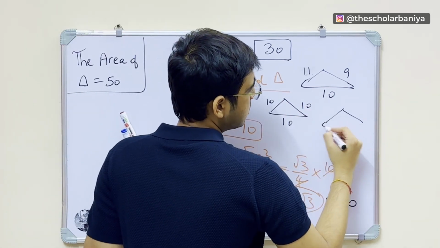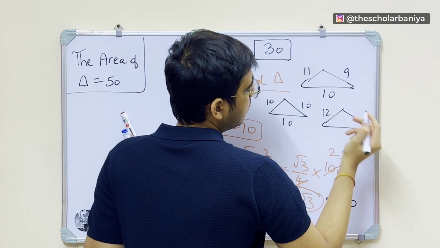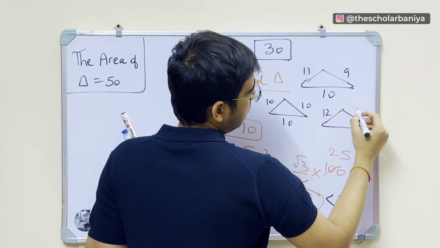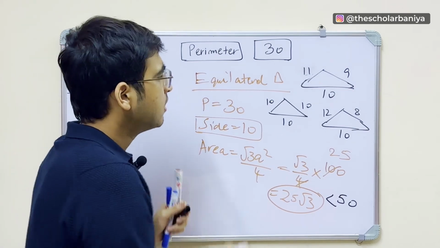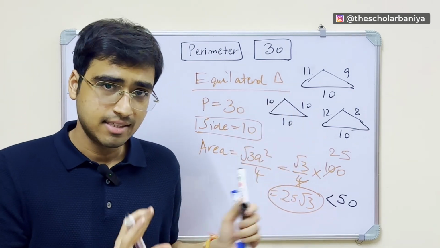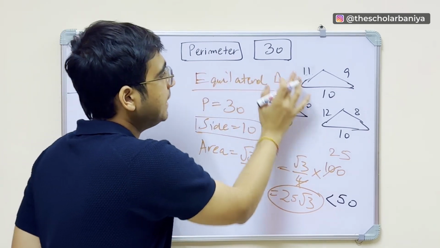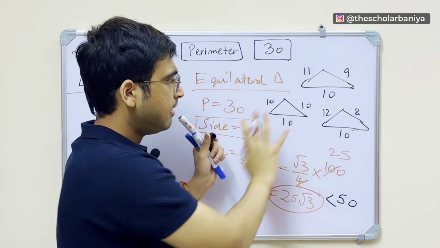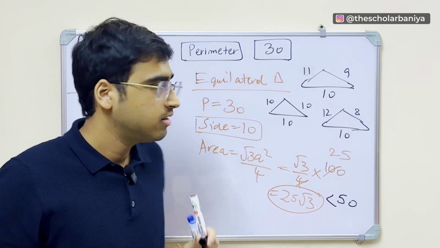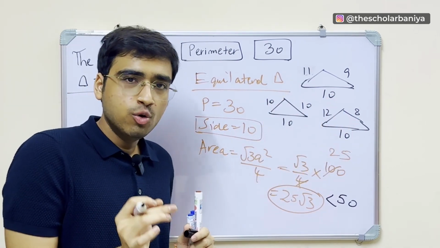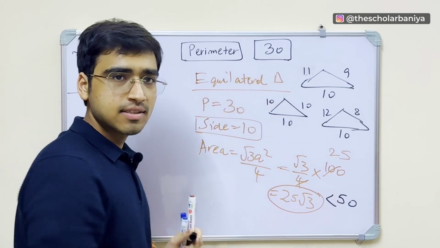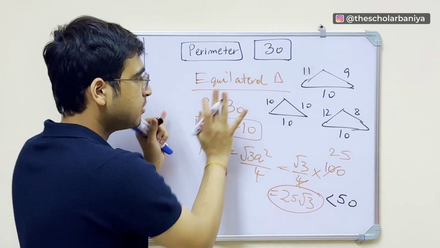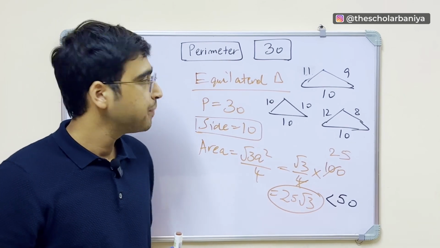Another possible case is, for example, 12, then you have 8 with you, and then you have 10, for example. So there can be multiple possible cases where the perimeter is 30 and a triangle can have different areas, right? But I want to know what is the maximum area of the triangle if the perimeter is 30. That is only possible in the case of an equilateral triangle, right?